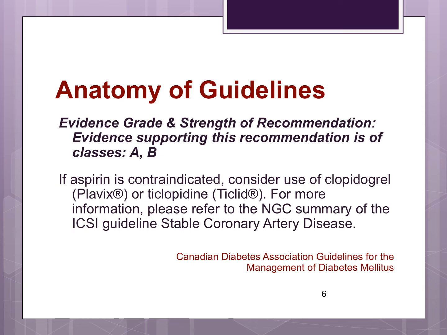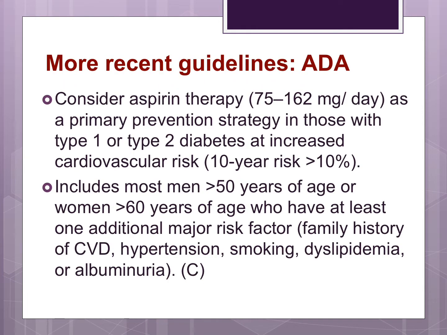However, recent guidelines, let's say from the American Diabetes Association, only say to consider using aspirin for primary prevention, and it's not anymore for those 40 years old. It says consider it among those who have type 1 or type 2 diabetes if they are more than 50 years of age for most men and more than 60 years of age for most women, or any type 1 or type 2 diabetes with a 10-year risk of cardiovascular events of more than 10%.